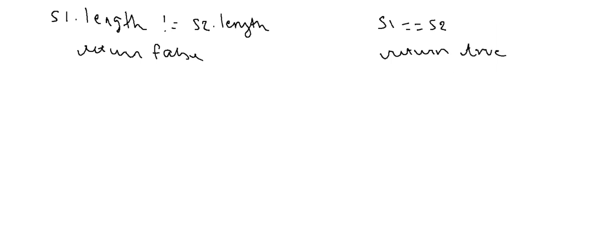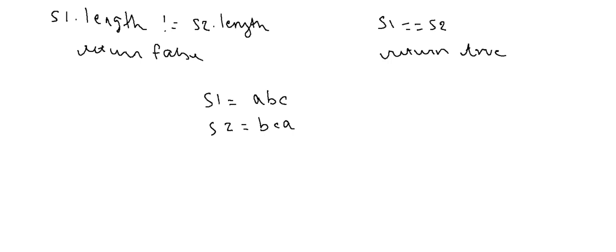And another case is how we're going to solve this problem. If we are given two strings, for example S1 is A B C and S2 is B C A, I'm going to create a map.